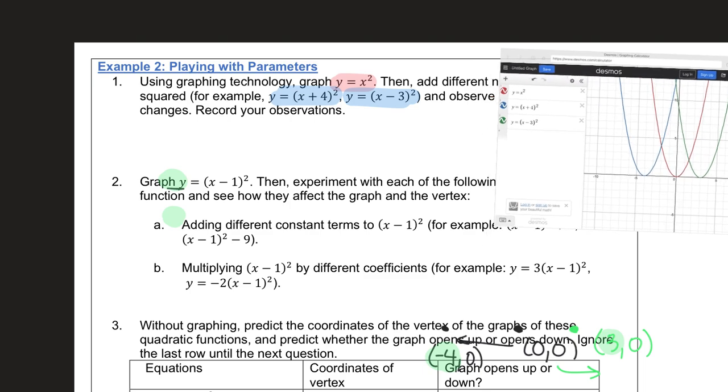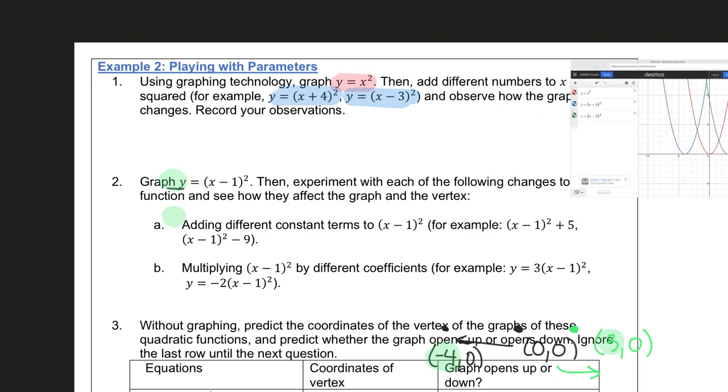So we can go ahead and make some notes of that here. If we add to x, we move left.